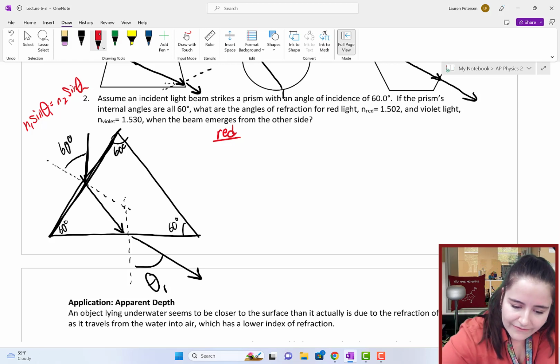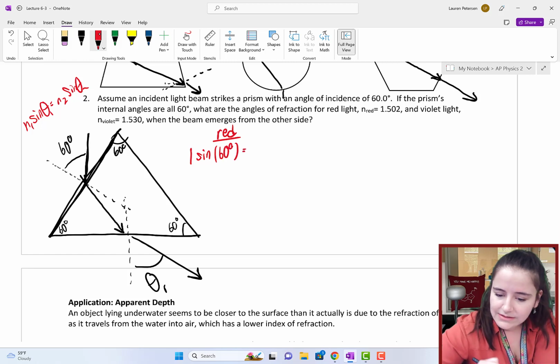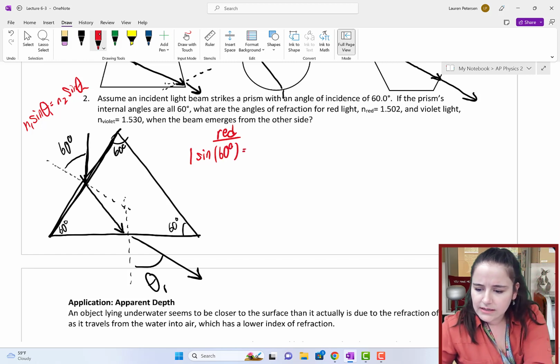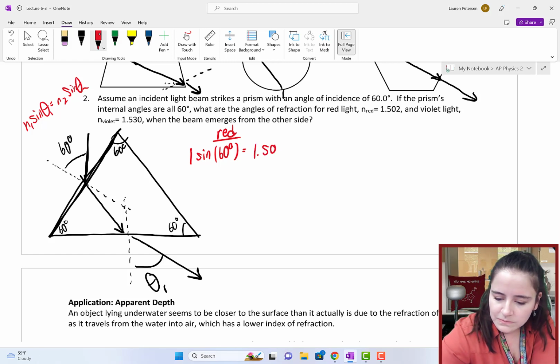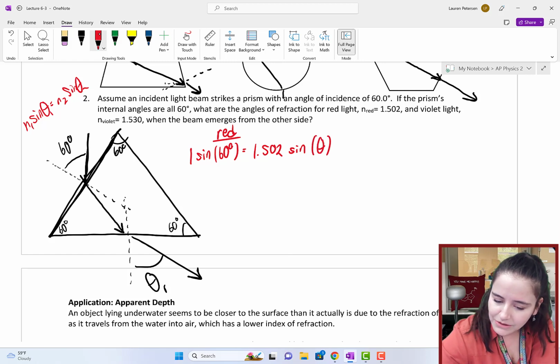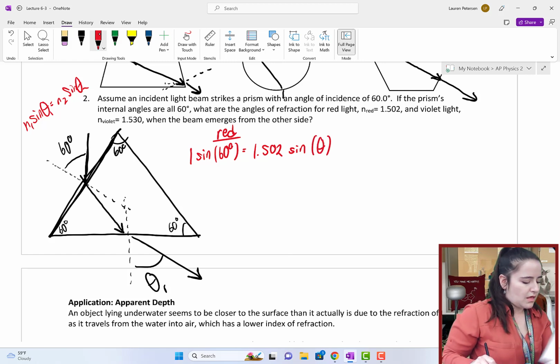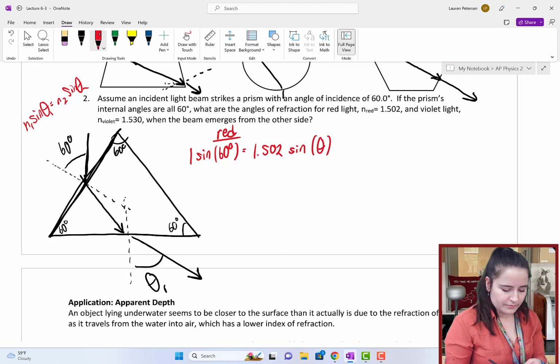So we have N1, which is 1, times the sine of that angle of incidence, 60 degrees, equals N2, which is 1.502, times the sine of that angle, which is what I'm looking for. Then we have to do the algebra.